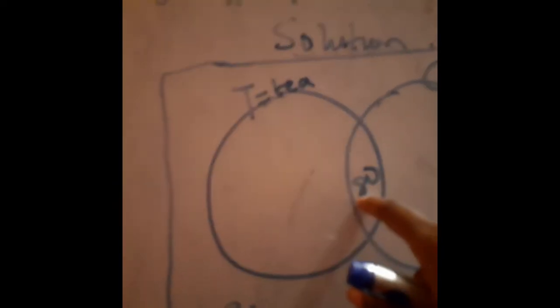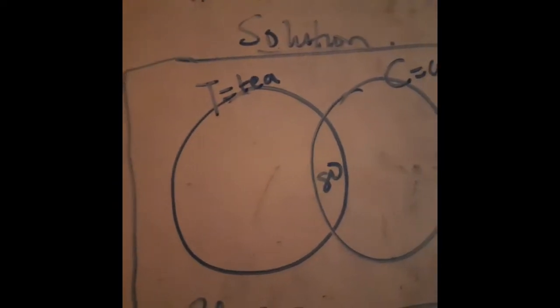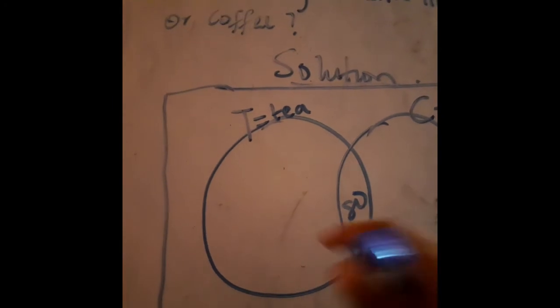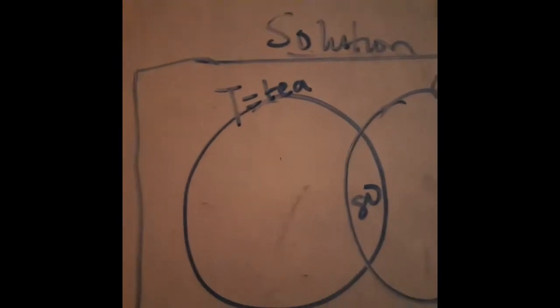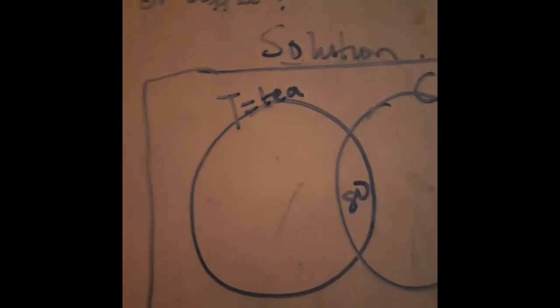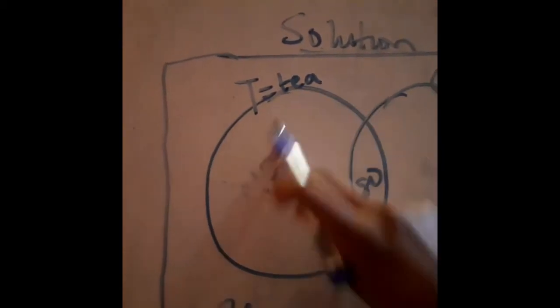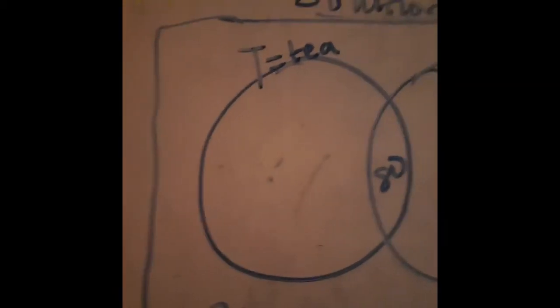From our question, the first thing we are going to take is the intersection of both. The 140 that like tea, I told you, is not tea only they like. If it was tea only, we could have just put 140 here. But the question wants us to find those that like tea only.